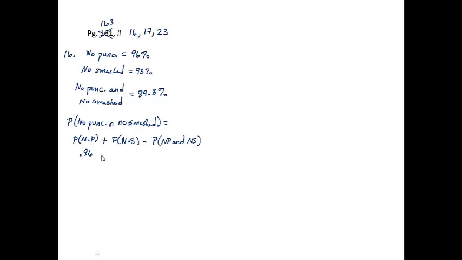Go ahead and change it to a decimal. Plus the probability of not having a smashed edge, 0.93. Minus their overlap, which was 0.893. Add these and subtract the last number, and that comes out to be approximately 0.997. So add the two probabilities separately and then subtract their overlap.